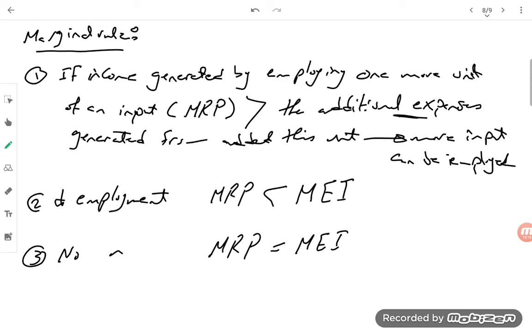Now we have to understand what is meant by marginal revenue product, marginal expense, and so on, in order to identify the profit maximizing condition. Let's start with the marginal income from an additional unit of input, which is marginal revenue product.